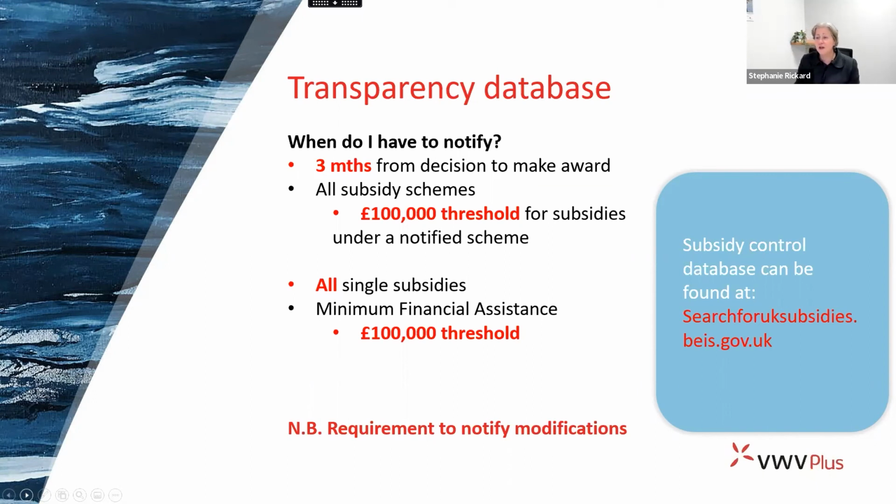Now, if a subsidy scheme, for example, a scheme by DCMS, has already been notified under the transparency database, then only individual subsidies under it over £100,000 are required to be notified.